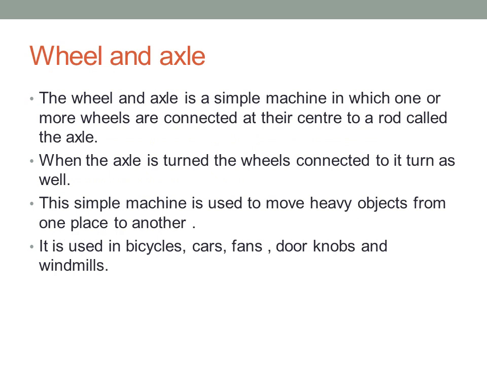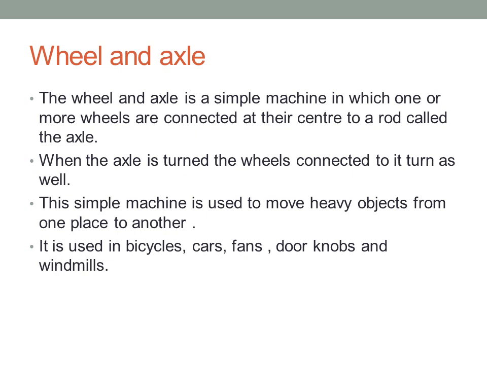And then wheel and axle. The wheel and axle is a simple machine. It has one or more wheels connected at their center to a rod called the axle. Okay, what is a wheel and axle? It is a simple machine.